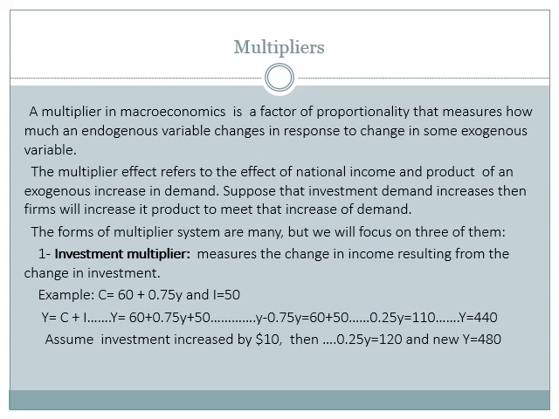Investment multiplier, which measures the change in income resulting from the change in investment. مضاعف الاستثمار هو يقيس التغير في الدخل الناتج عن التغير في الاستثمار. The function of investment multiplier is to calculate the change in income due to the change in investment.